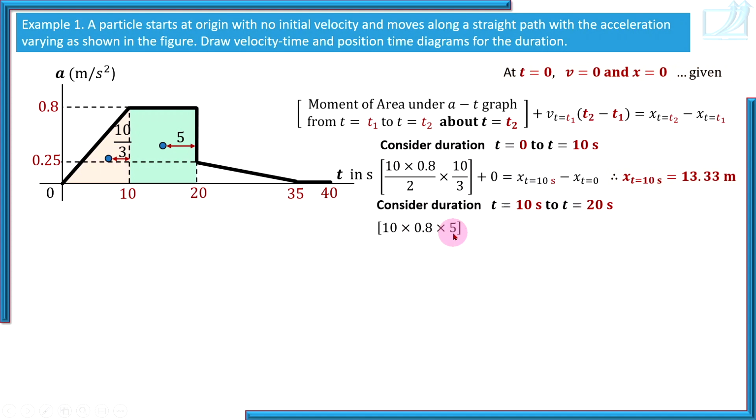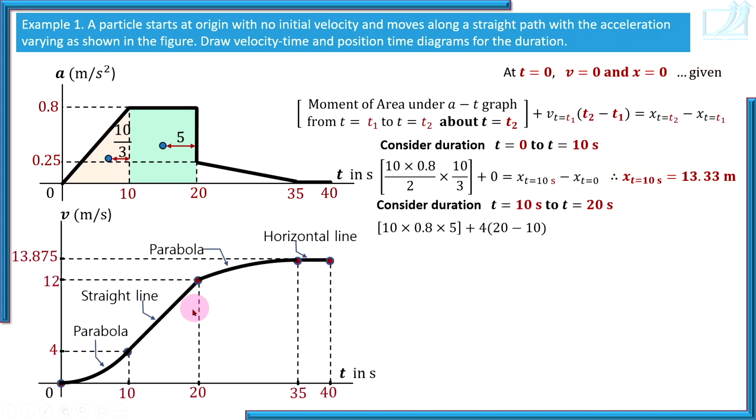So now moment of area, 10 into 0.8 into distance of its centroid from t equal to 20, that is 5, plus initial velocity. Now initial means in this interval initial, so at t equal to 10 seconds. So what is velocity at t equal to 10 seconds? If you remember, we have already found out.